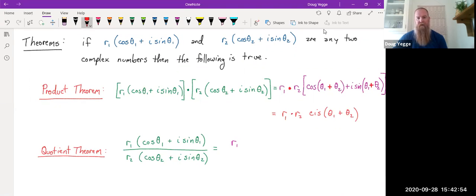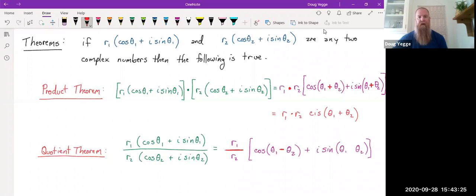But now, instead of multiplying the radii, we're obviously dividing the radii. And now the only difference is that now when we take cosine of the angles, I'm taking theta 1 and subtracting theta 2. Plus I times sine of the difference of those two angles as well.